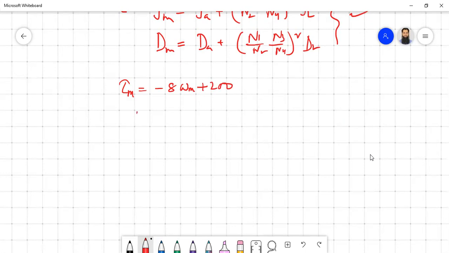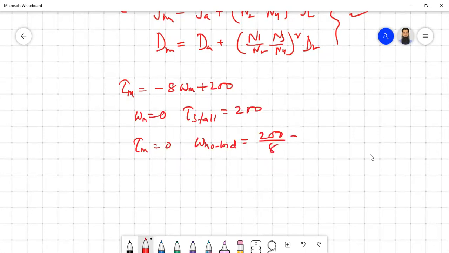So the idea is very simple. You take omega m equal to 0 and then you calculate tau stop, which can very easily be found as 200. And then take tau m equal to 0 and then find omega no load, which will be basically 200 divided by 8.